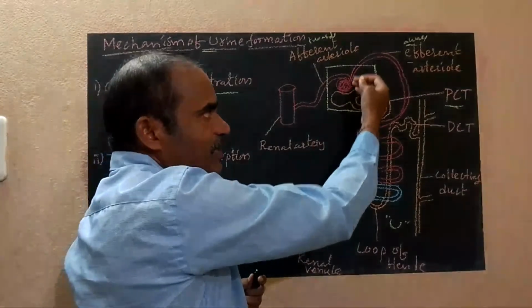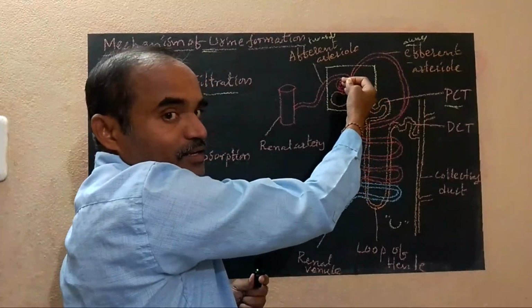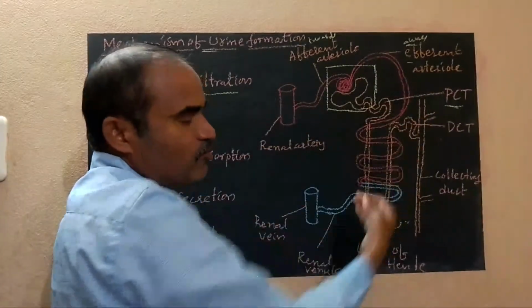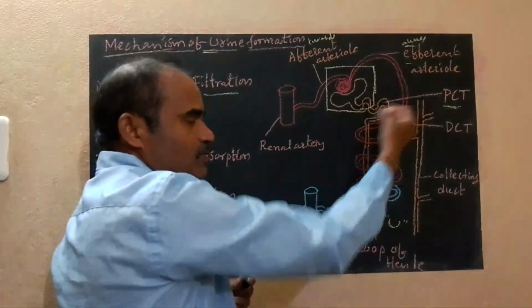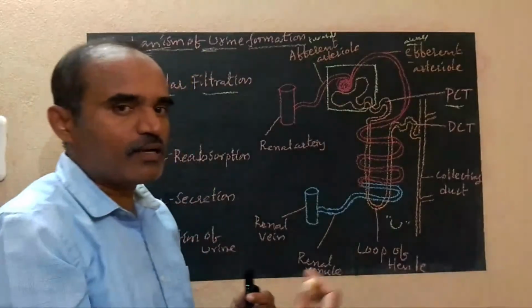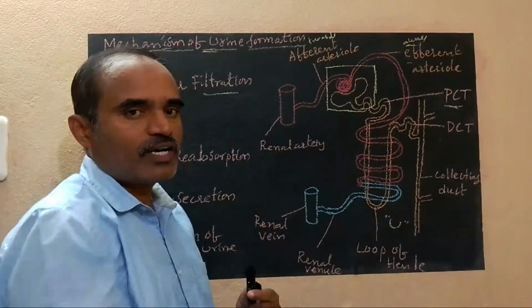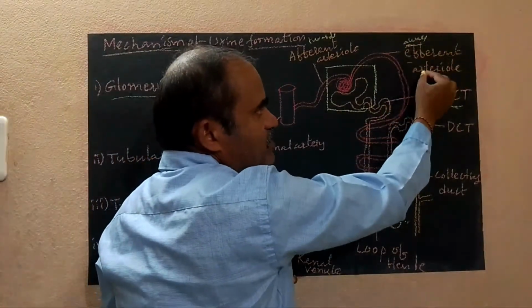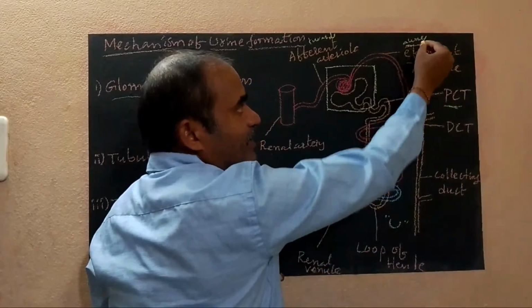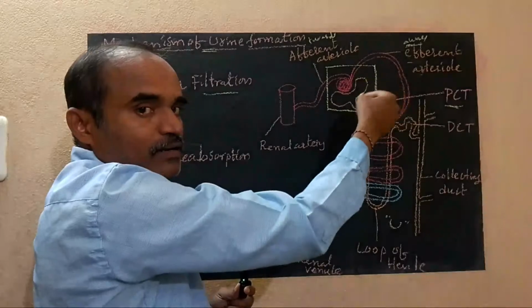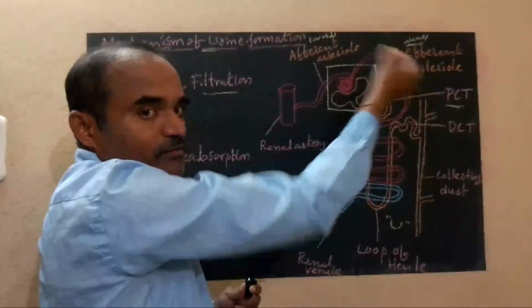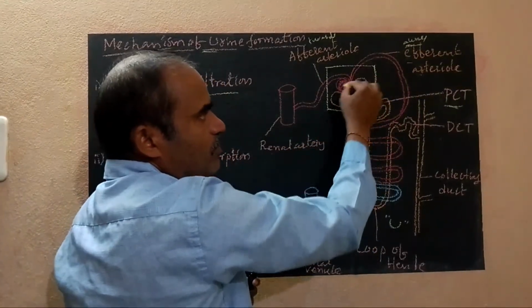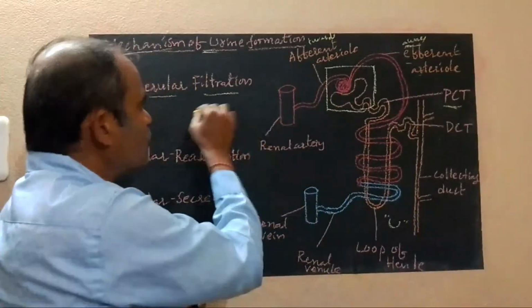So due to the narrowness of the efferent arteriole, the blood is filtered here.